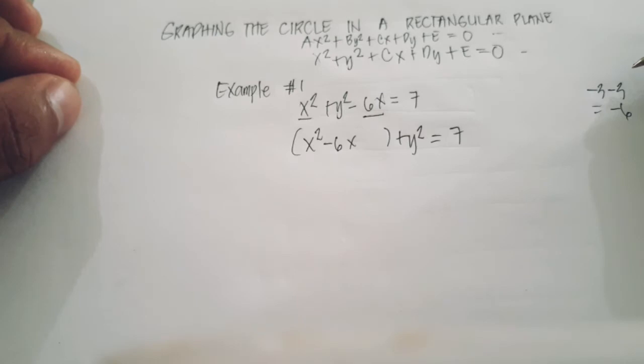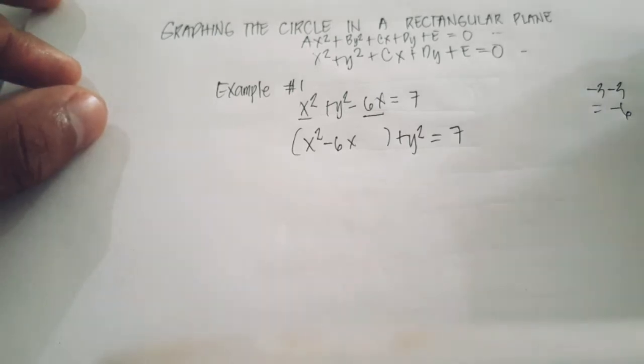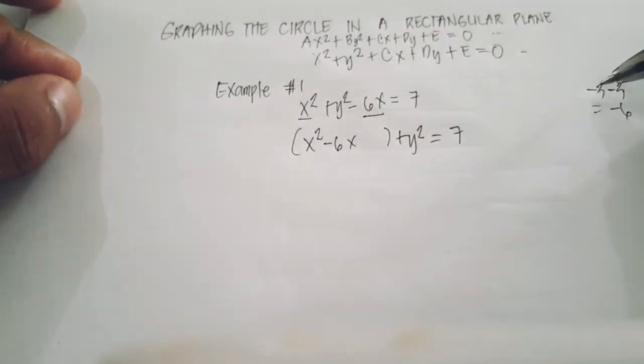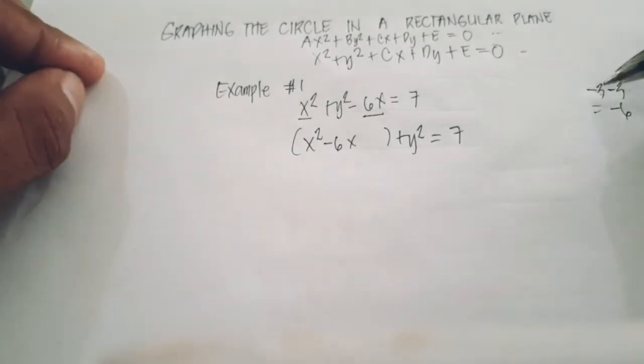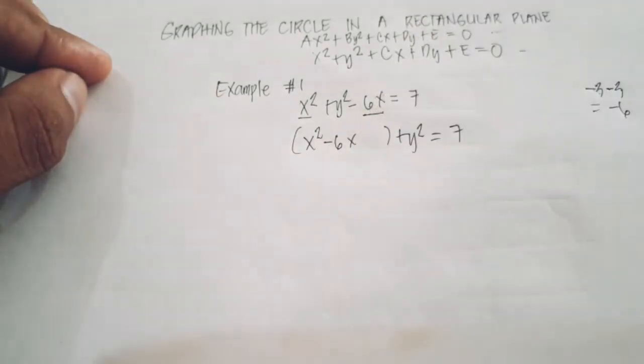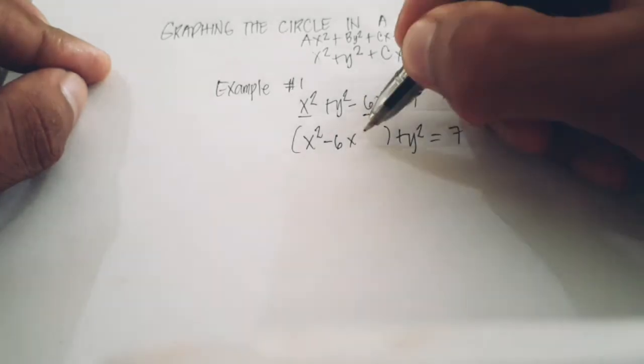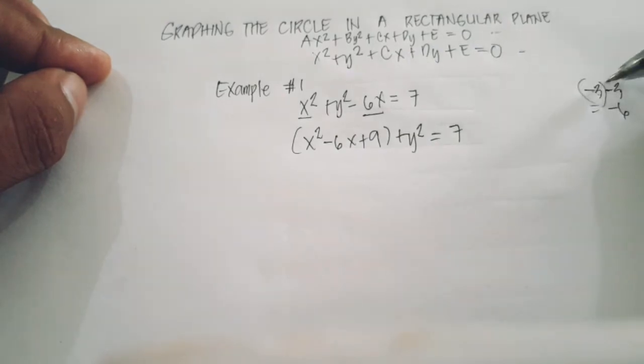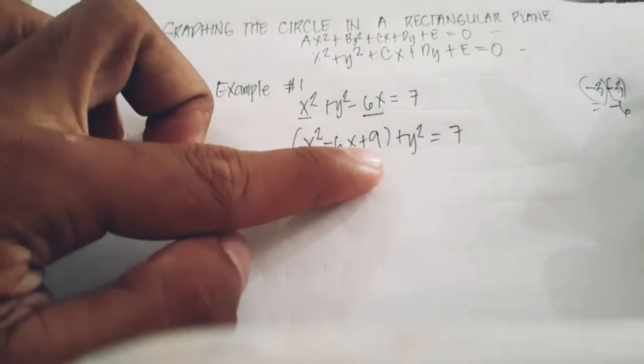So negative 3 times negative 3 will be the third term. Negative 3 times negative 3 is positive 9, since negative times negative gives us positive, and 3 times 3 is 9.